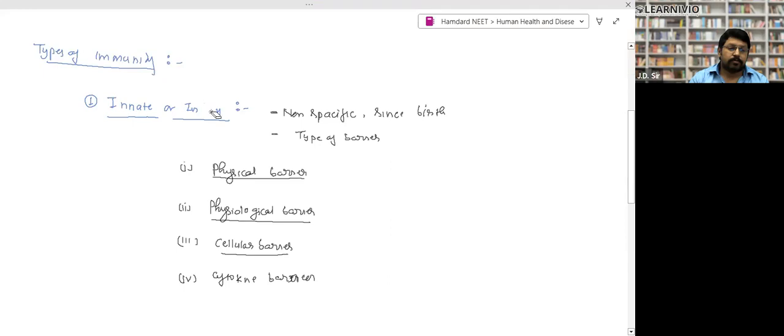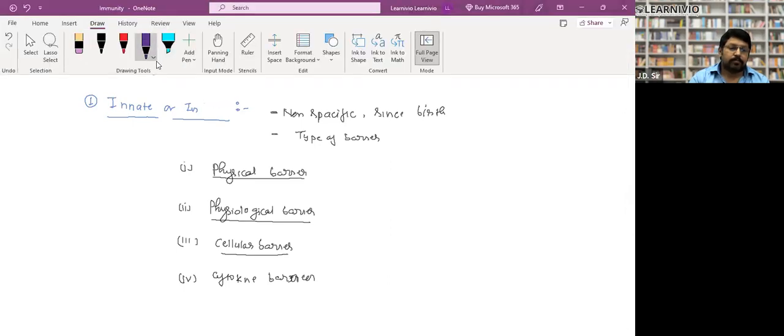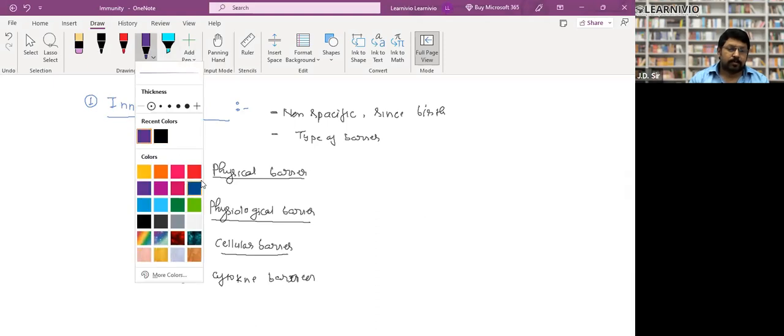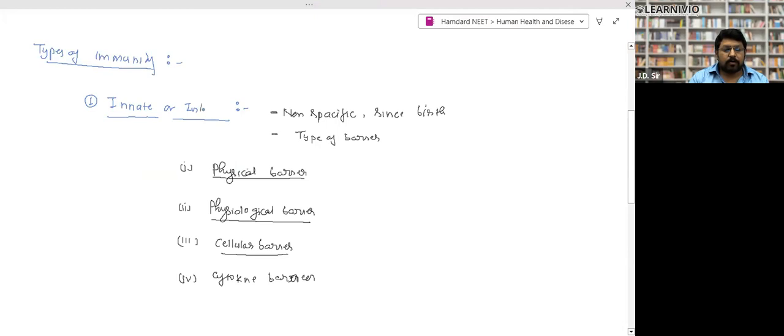Look, innate or inborn immunity is non-specific and it is present since birth. Non-specific means this is not for a particular disease.